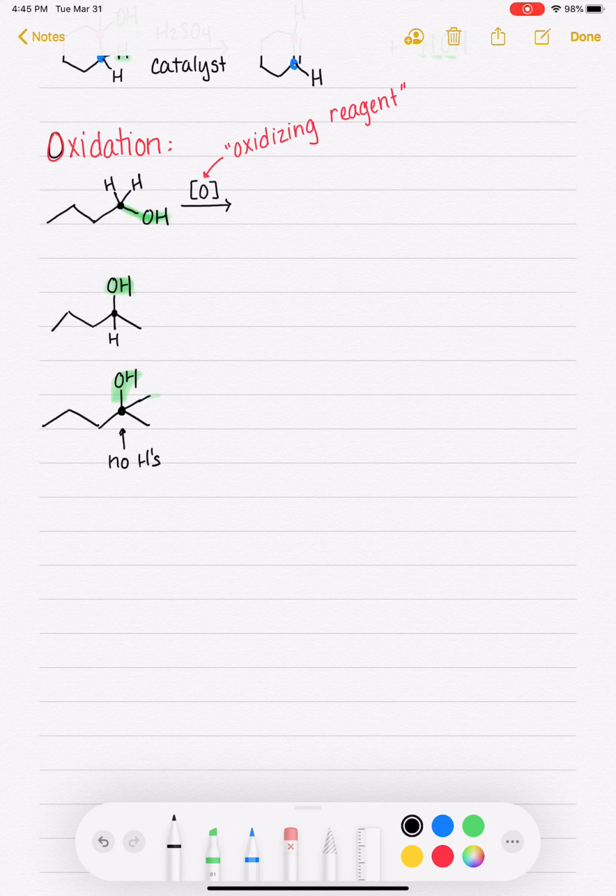When we do an oxidation reaction on an alcohol, we remove the hydrogen from the OH, and we remove one of the hydrogens from the carbon that is next to the OH.